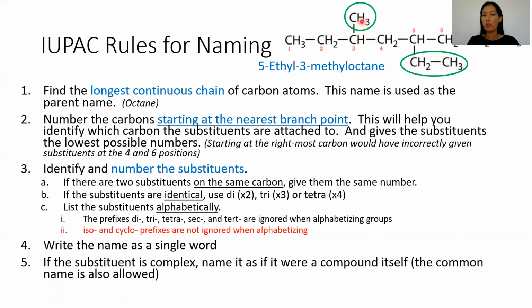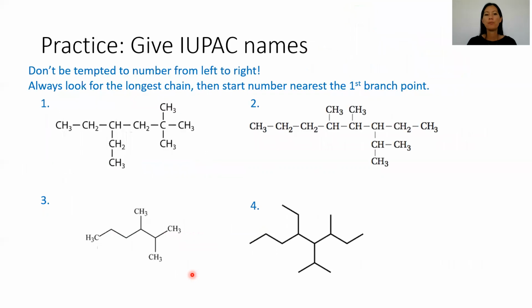We have 3-methyl and a 5-ethyl, but ethyl, E comes before M. So even though the number's higher, you write it in alphabetical order, 5-ethyl-3-methyloctane. Also, if you have a really complex substituent, you can name it as if it were a compound itself, and you can use a common name. For example, sec-butyl, like 5-sec-butyl.